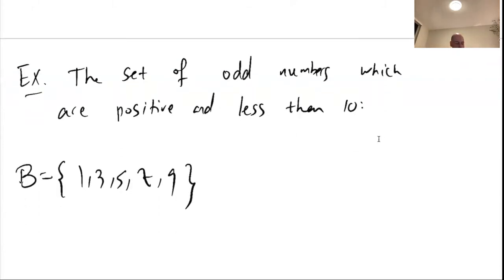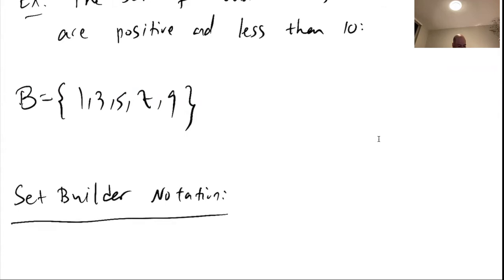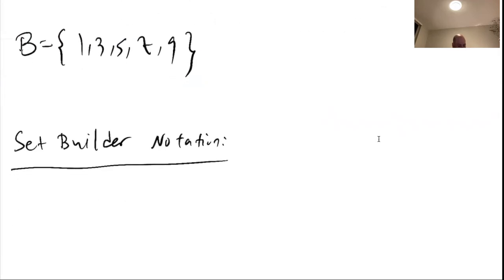And there's also a set builder notation that we can use, right? Set builder notation. Usually, we describe the set builder notation as, let's say, A equals. So this is for set notation.